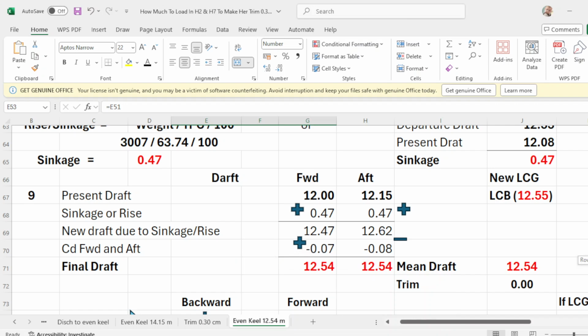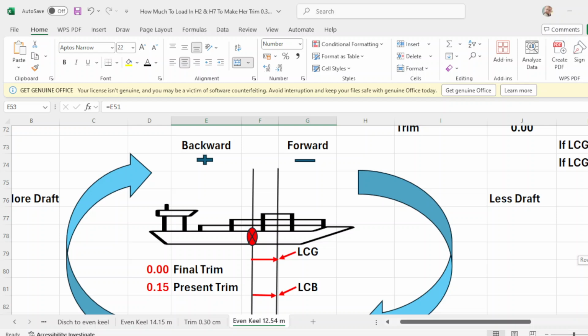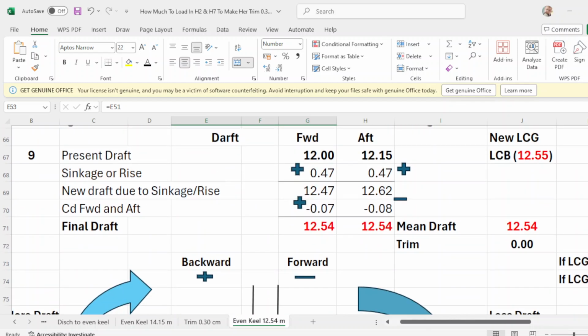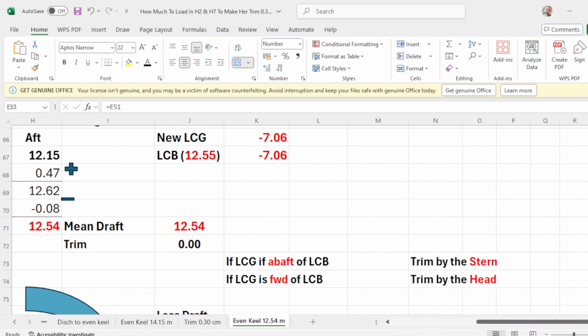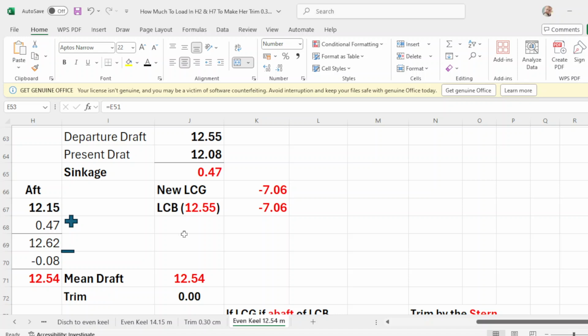This is now the situation. But first, what is the buoyancy LCB of the drop of 12.55, the LCB of departure drop, which is, let's see, how much is that?